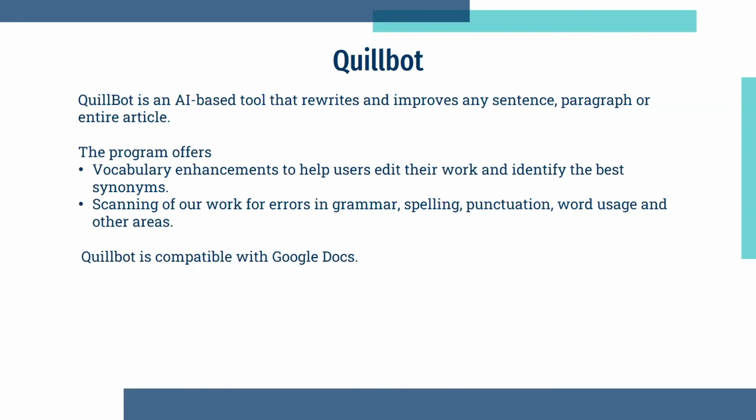In the meantime, it can scan our writing to find the errors in grammar, spelling, punctuation, or the usage of some words or other areas. It has one important feature because it is compatible with Google Docs, which is very popular nowadays for people to work together.